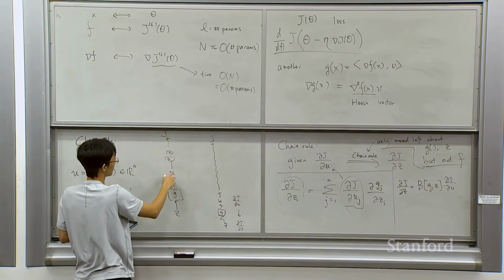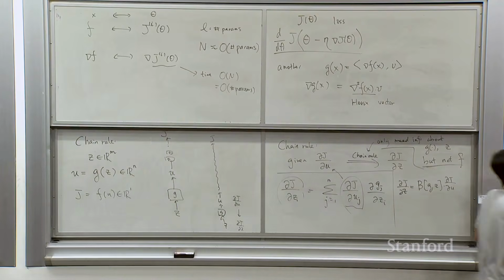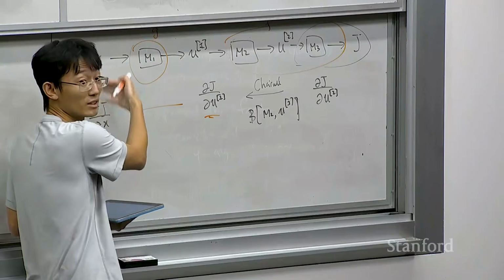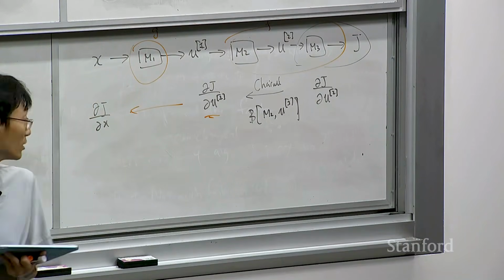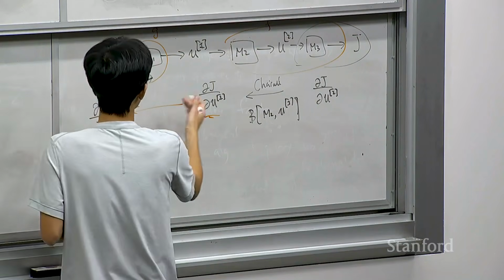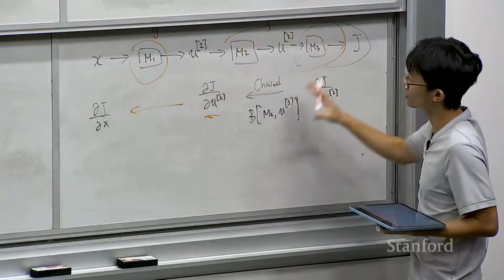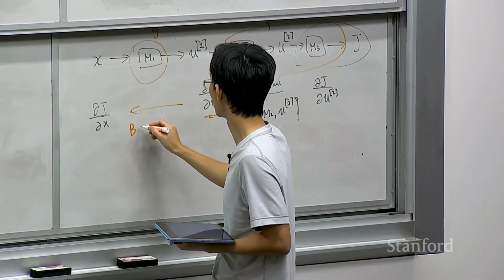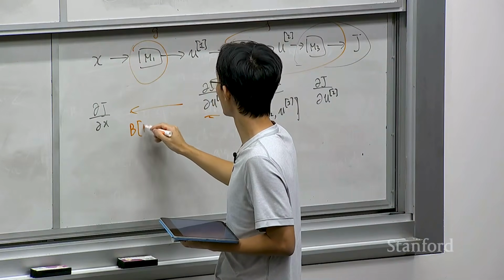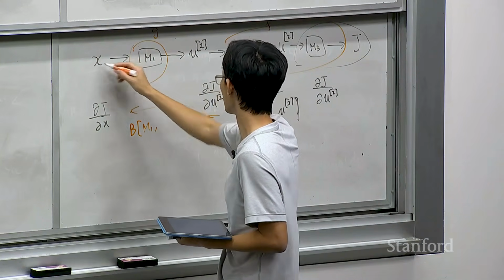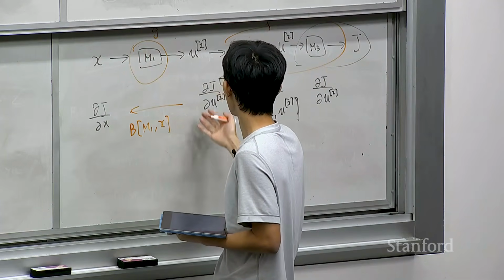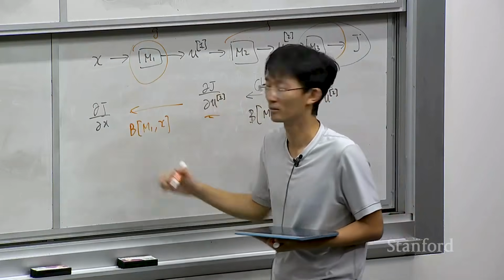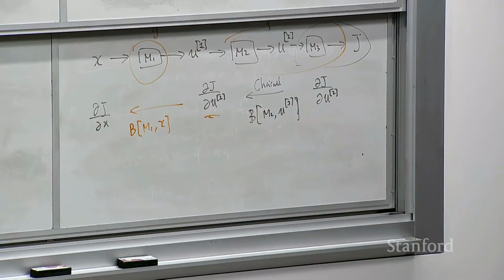I get dJ over dU, which is the same as this, that's my input, and I can get the output, which is dJ over dX. Again, you don't have to know anything about f, you just have to know something about g, and the g here is M1. You just apply this backward transformation, which is related to M1 and the variable X. In some sense it is a matrix, and you apply it on this vector and you get dJ over dX.